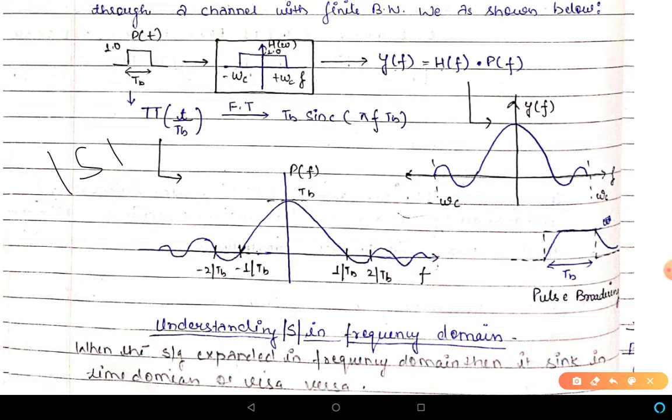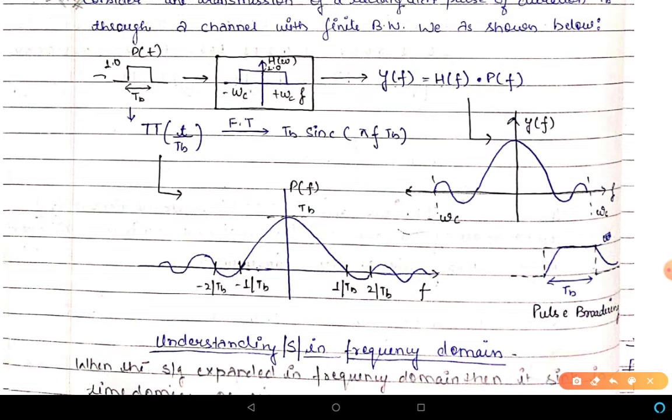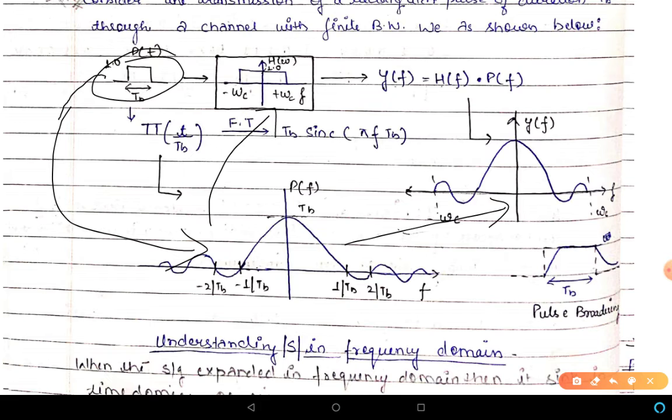I'll repeat again. What is happening is, when I'm passing a time limited pulse, which is actually band unlimited, since time limited is band unlimited, through a channel which is band limited, because a channel will always be band limited, then at the output I'm getting a band limited signal.